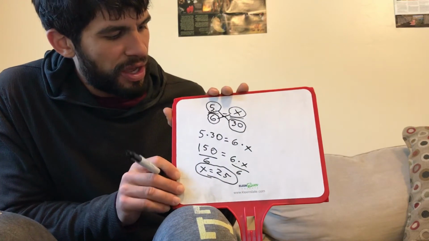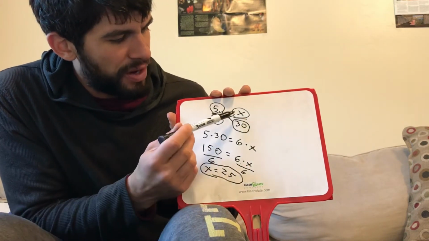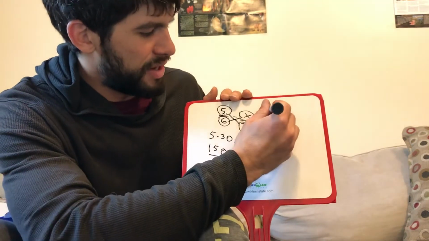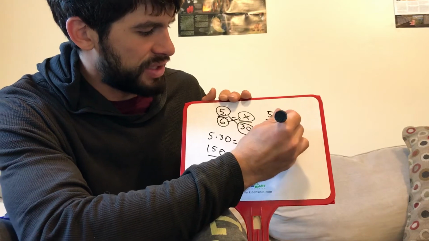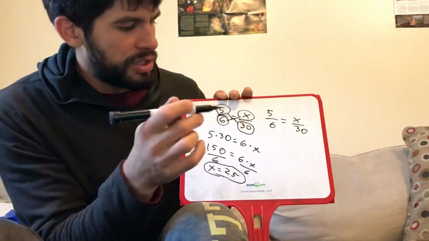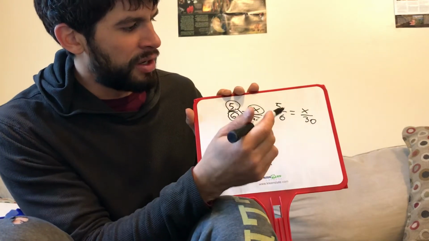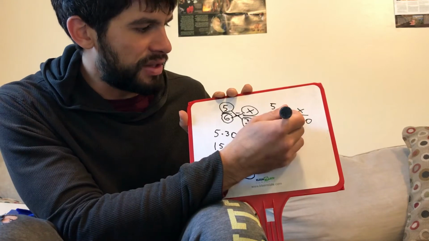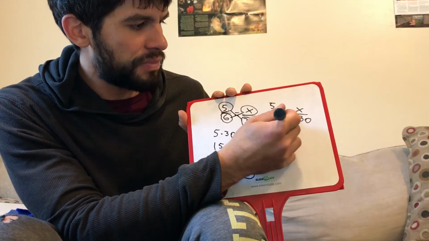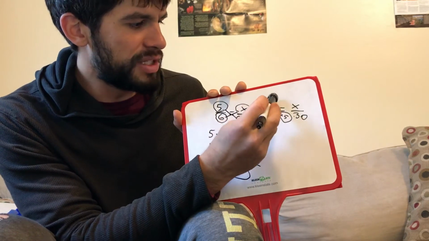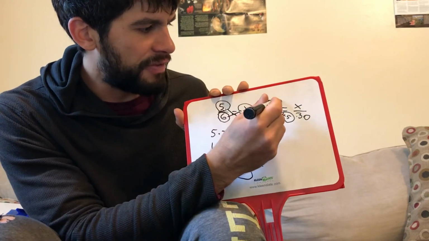proportions. Another method to figure out what x would have been: I'm going to write down the equation again, 5 over 6 is equal to x over 30. Instead of cross multiplying, we could have said, okay, what do I have to multiply 6 by to get 30? And the answer would be 5, right? If I multiply the bottom by 5, then I also have to multiply the top by 5.